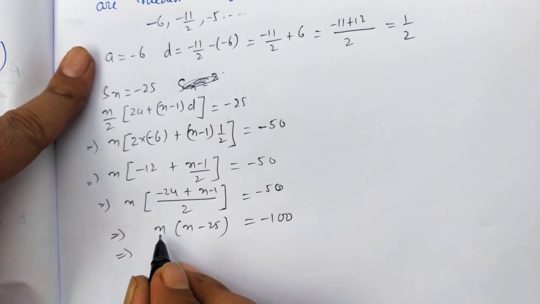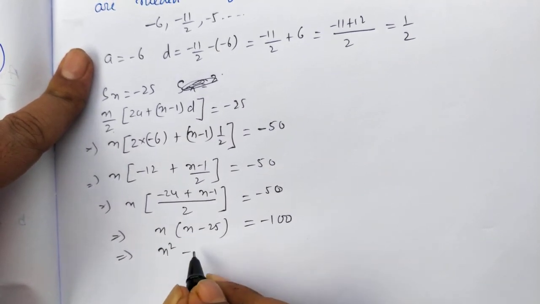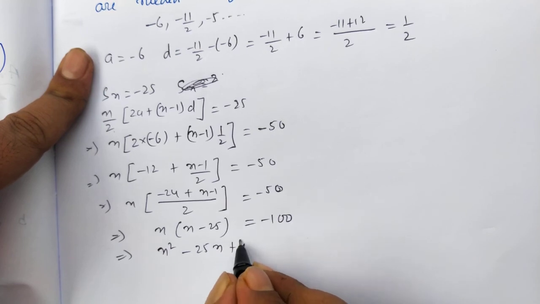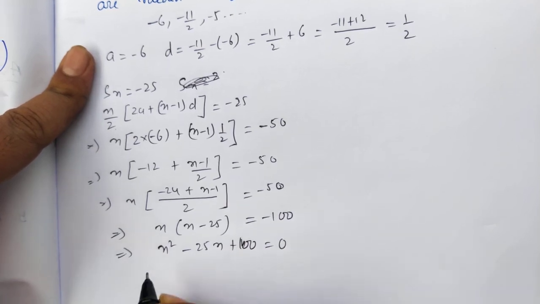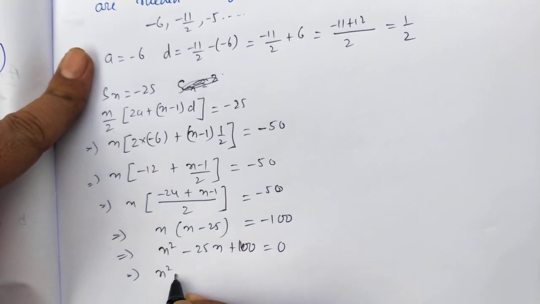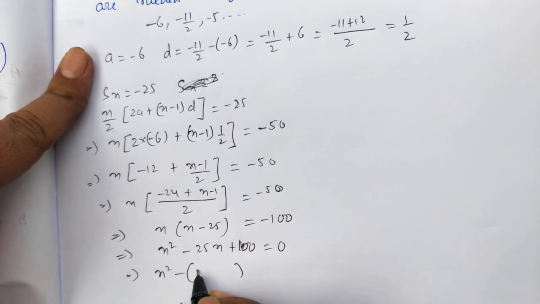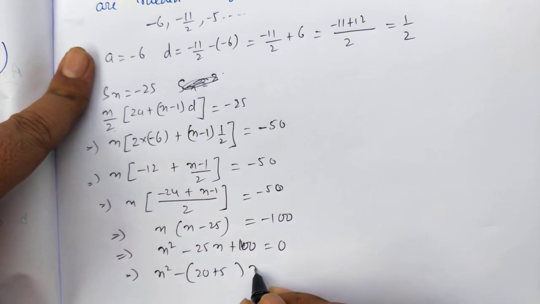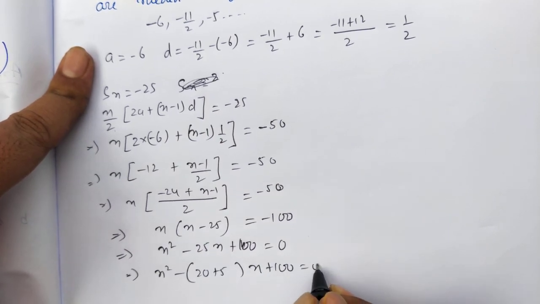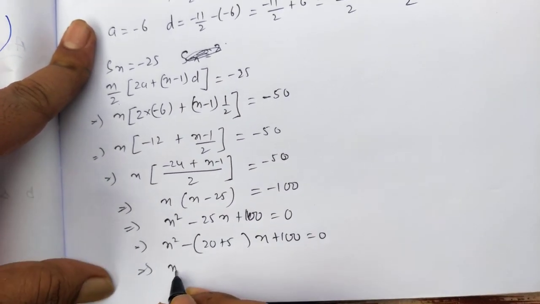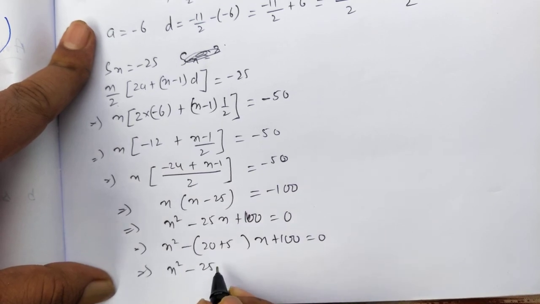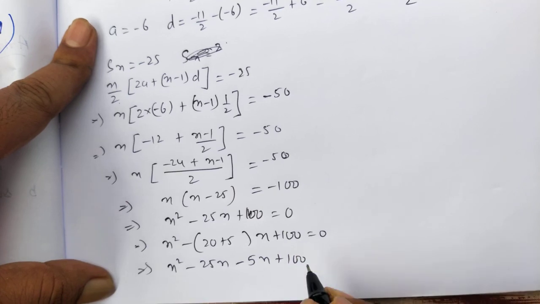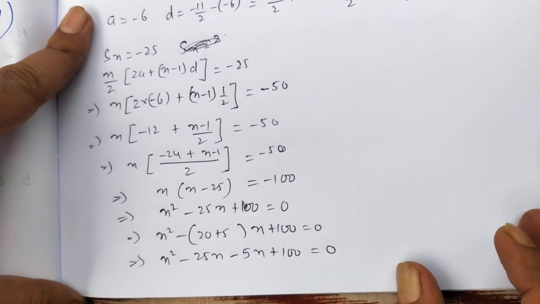So multiplying, this is n square minus 25n, and minus 100 comes here, so plus 100 equal to 0. Do middle term factorization: 20 plus 5. 20 into 5 is 100 and 20 plus 5 is 25. So we get n square minus 20n minus 5n plus 100 equal to 0.